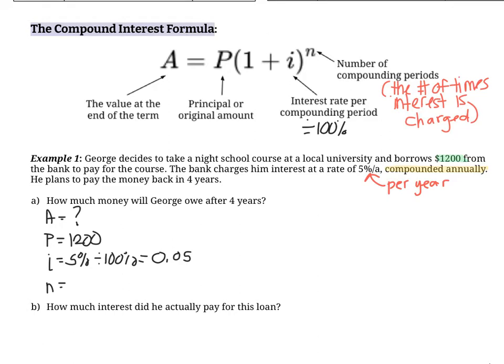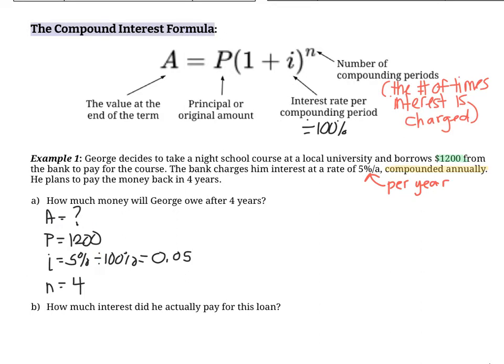We're going to talk about this again. That means, how many times are they going to charge us interest in four years? And the answer is 4 times. So we are going to get charged interest 4 times, once a year. That's what this means. Interest rate is 5% per year, so if it's 4 years that he's going to owe this money, then he's going to be charged 4 times.